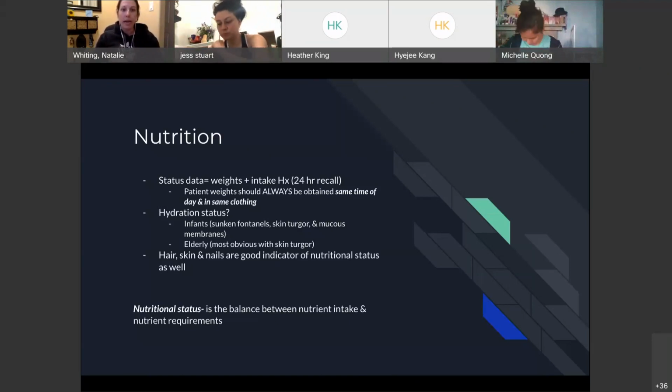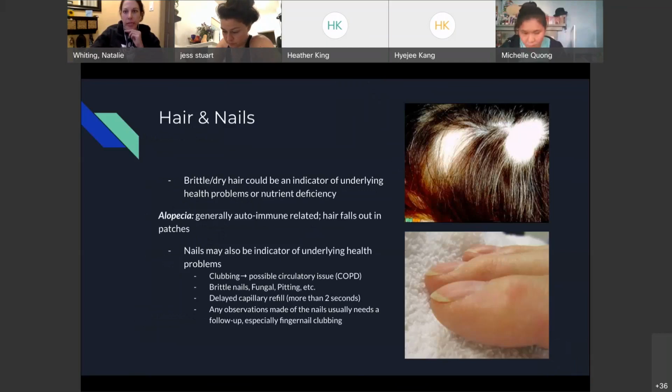Okay, so hair, skin, and nails are a good indicator of nutritional status as well. Nutritional status, by definition, is the balance between nutrient intake and nutrient requirements. Okay, so hair and nails. Brittle or dry hair can be an indicator of underlying health problems or nutrient deficiency.